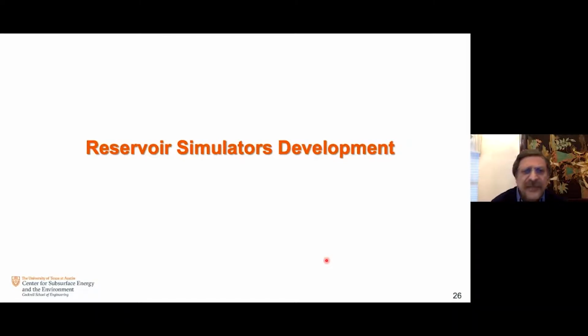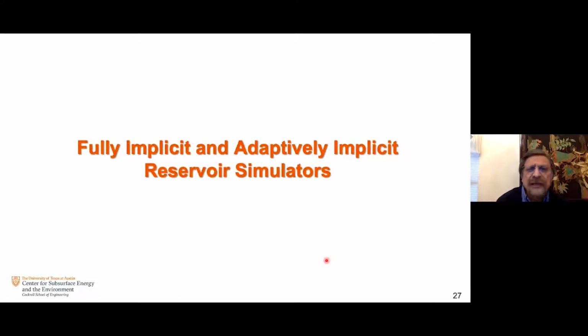In regards to reservoir simulation development, I would like to bring up that in many of the reservoir simulators that have been developed and are under development, we use a fully implicit, adaptively implicit method or IMPES method, and I would like to say a few words about that.